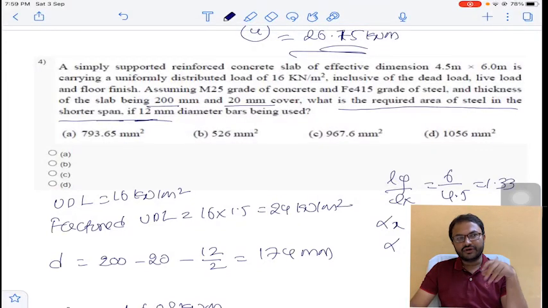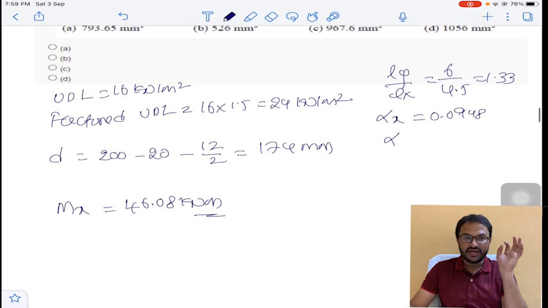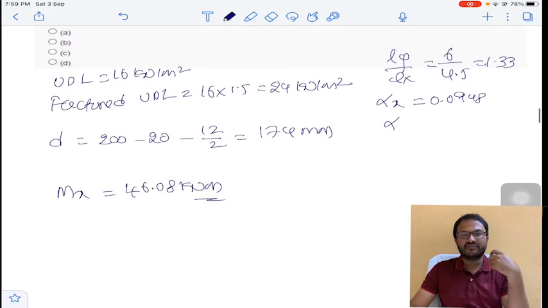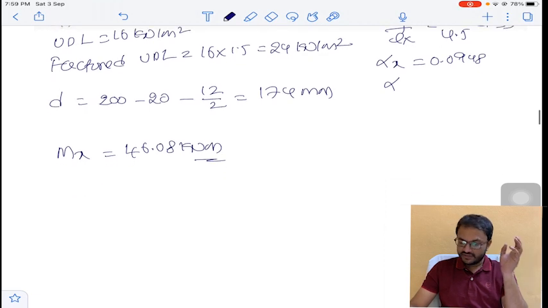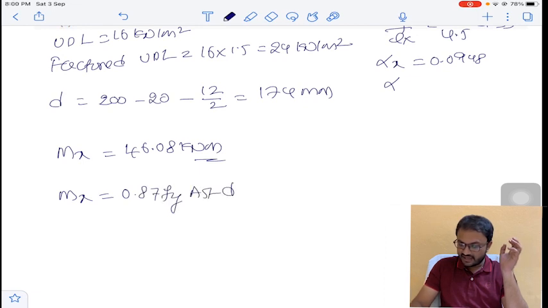Here we know the value of moment along shorter span and we know the reinforcing bar as 12 mm. Now we need to calculate how much amount of reinforcement has to be provided in shorter span. So we have a formula in the IS 456 code. Mx is equal to 0.87 fy Ast d (1 minus Ast fy divided by fck b d).